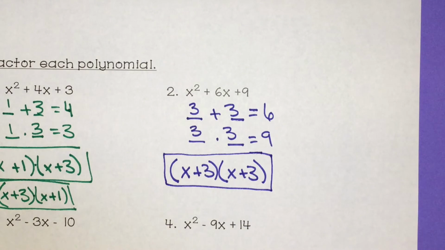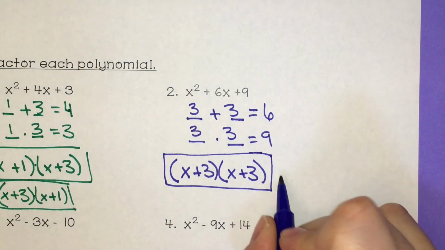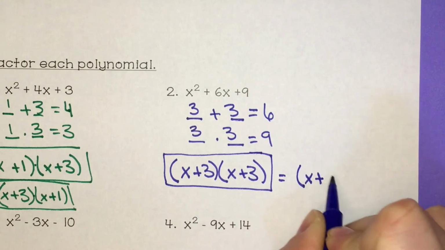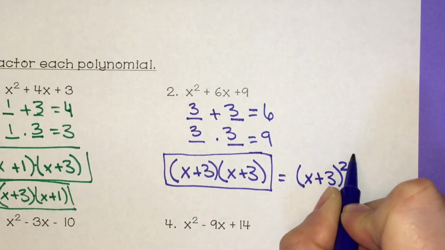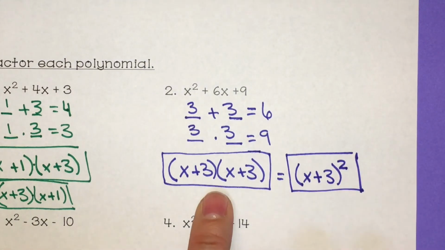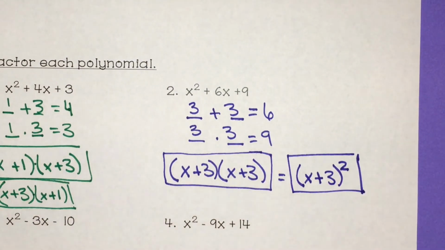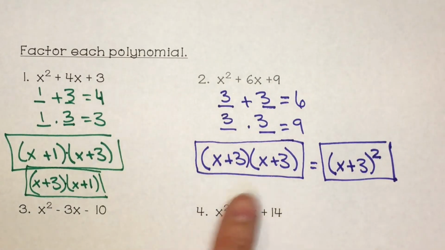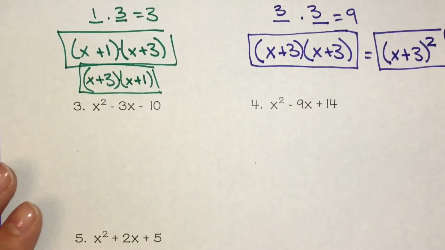But anytime you have something multiplied by itself, it's that value squared. So this is actually x plus 3 squared. So it's just a simpler way of writing this, and you always want to write your answer as simple as possible. So this is technically correct, just showing you the simplified version.